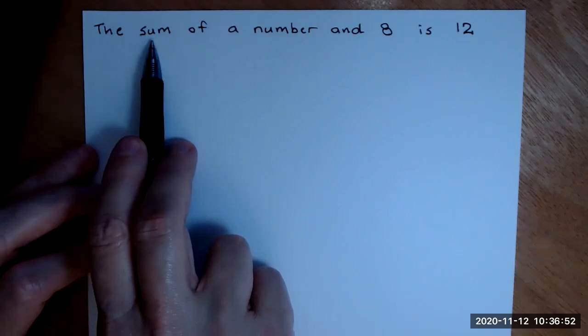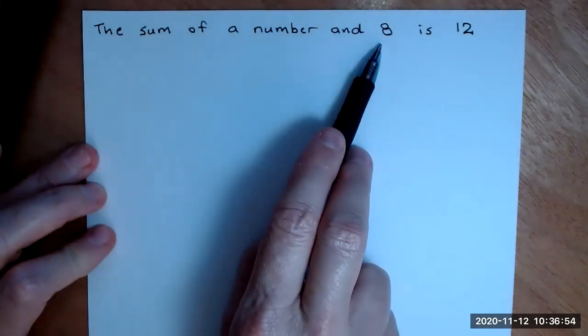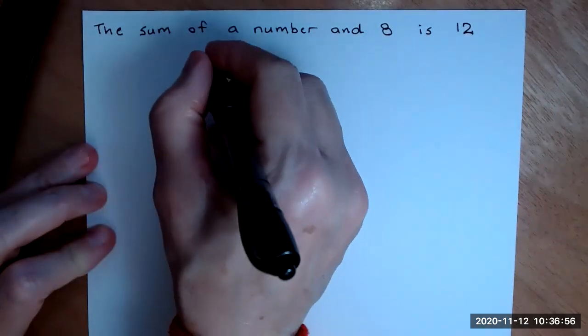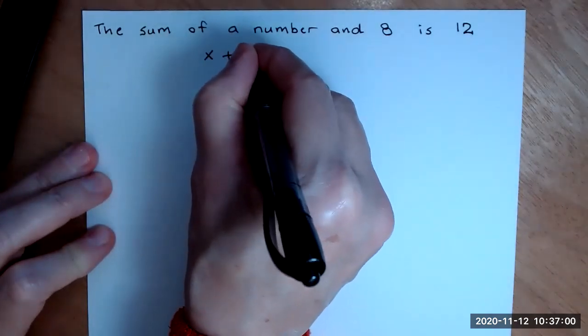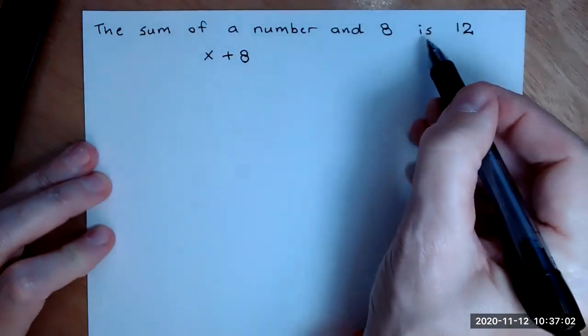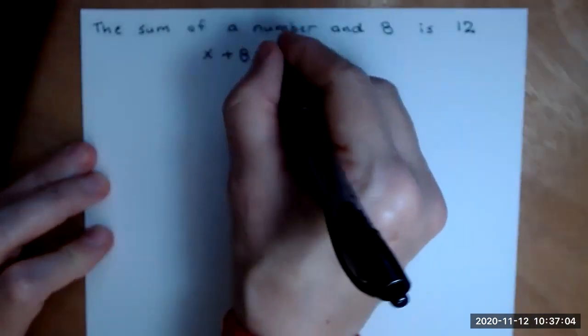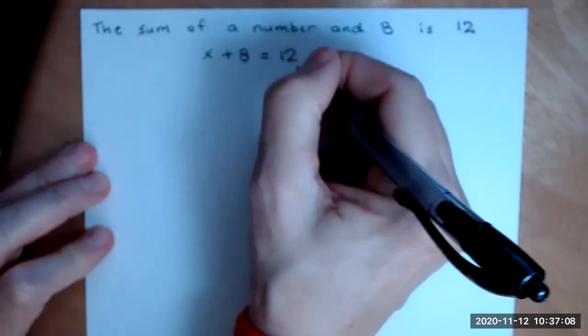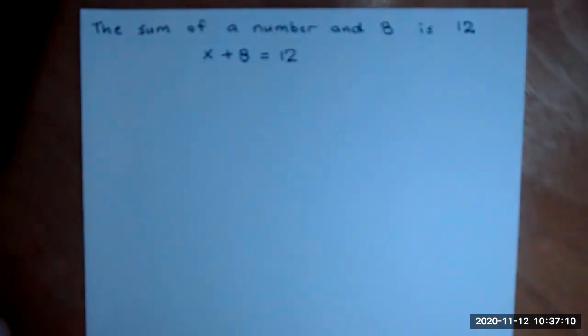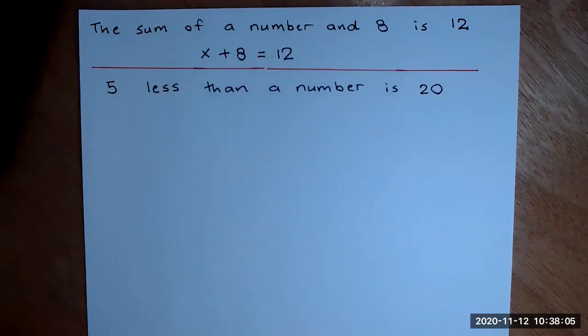So the sum of a number and 8, that means we're going to add that number and 8. Is means equals. And we'll solve these in another video. So let's just keep translating.